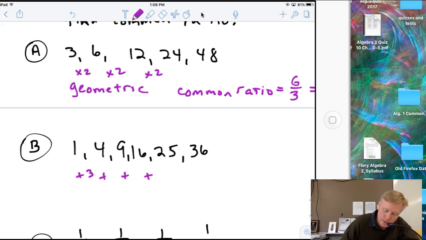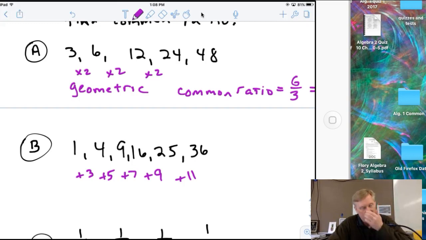This should have been add 3, add 5, add 7, add 9. So clearly there's a pattern going on. However, this is not geometric at all. In fact, it's not arithmetic either. This is actually neither.